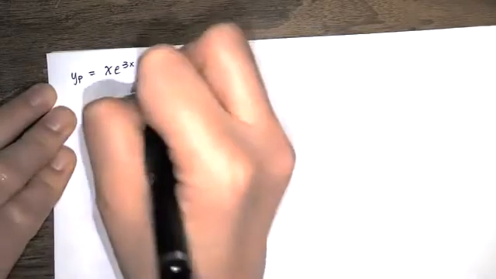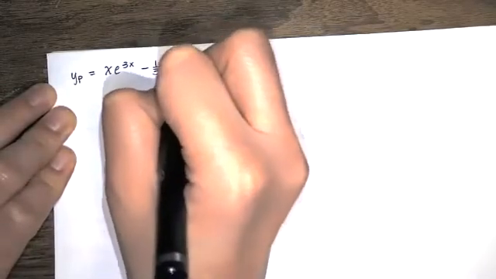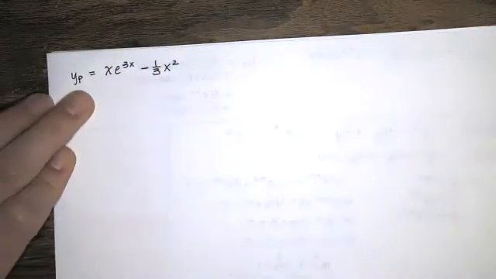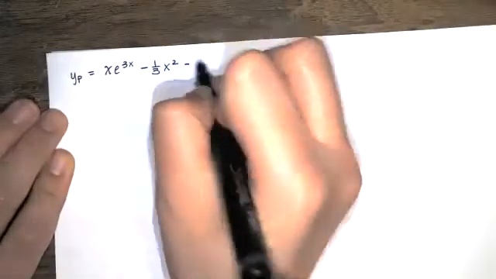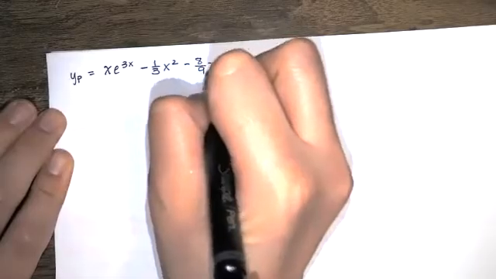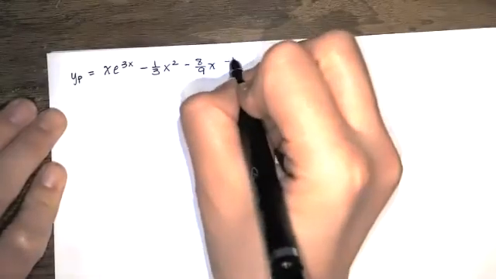So we have y sub p equals A, which is 1 times x times e to the 3x, plus B, which was -1/3 times x squared, plus C, let's see, what was our C? -8/9 times x, plus D, which was -26/27.